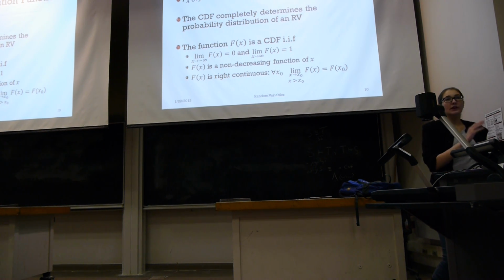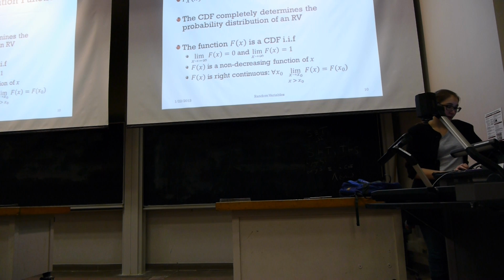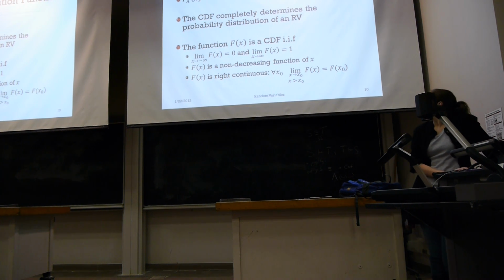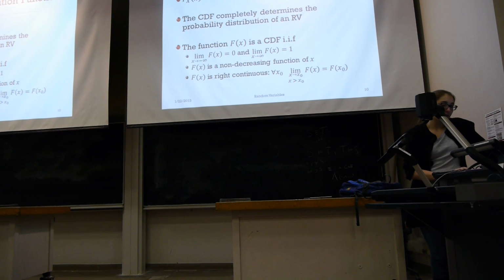Clearly, as x increases, the probability that the random variable will take values that are less than it will also increase, or at least stay constant. One other thing that I think Barnabash might have mentioned in class is that it has to be right continuous. In your homework, you'll have a set of functions for which you'll need to verify that they are CDFs.